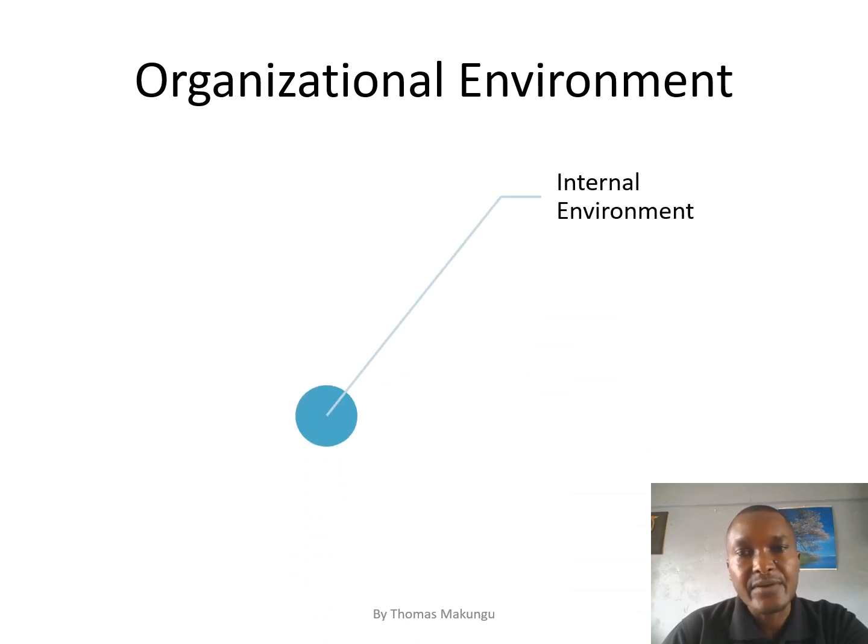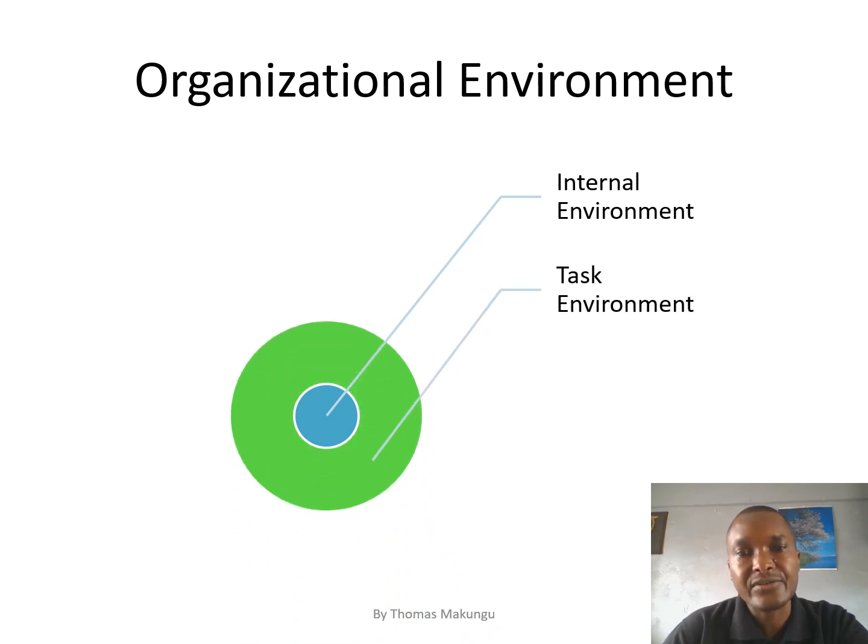As illustrated, the internal environment is what is happening inside the organization, and then there is the task environment, which affects the organization but is outside the organization, and it impacts on the performance of the organization and other related organizations within a particular industry.